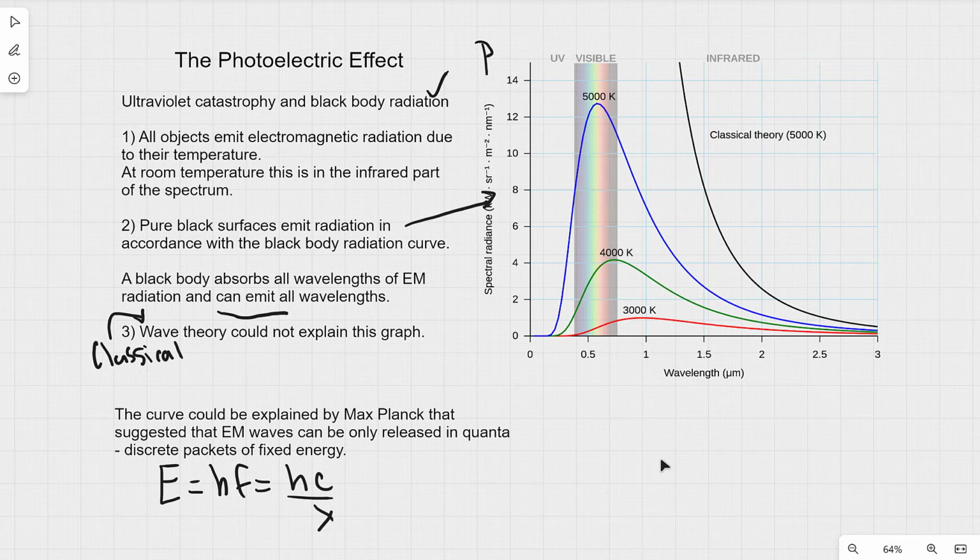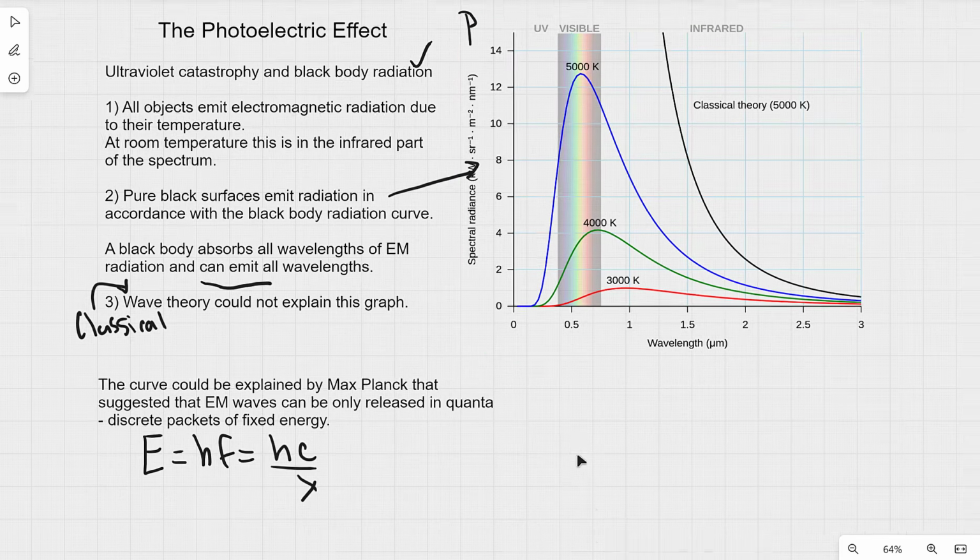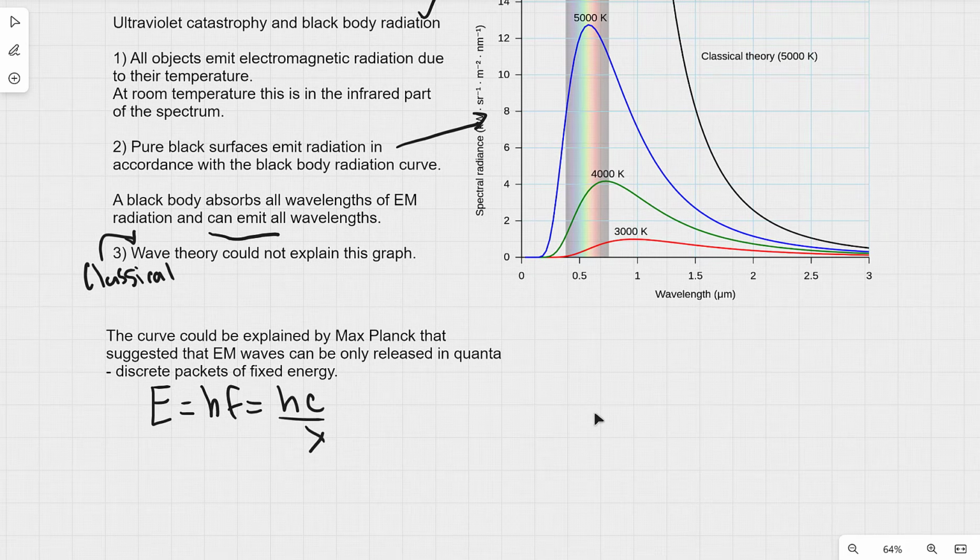This is not what the experiment showed. Well, this curve ended up being explained by Max Planck, the same guy as in Planck's constant, who suggested that EM waves can only be released in quanta, discrete packets of fixed energy, which turn out to be photons.